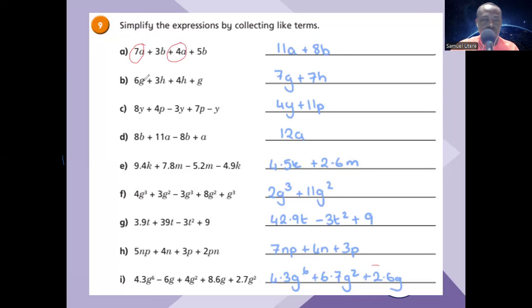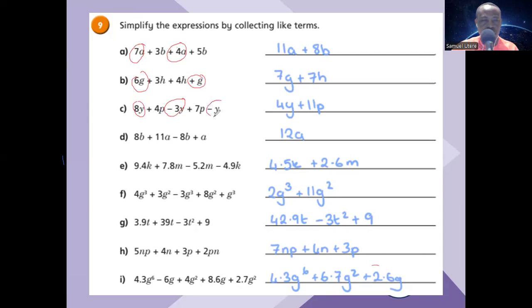This one, the 6g, is going to go with this g. Have you noticed the way I've circled the sign that goes with the variable? Here, this 8y is going to go with this negative 3y. See the way I have circled the sign with it.